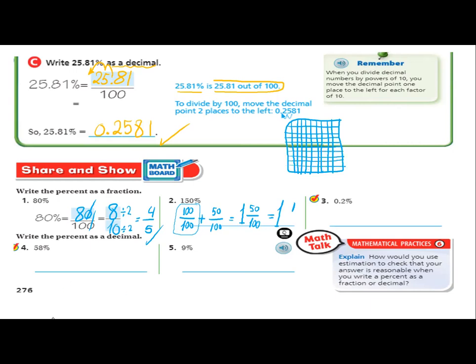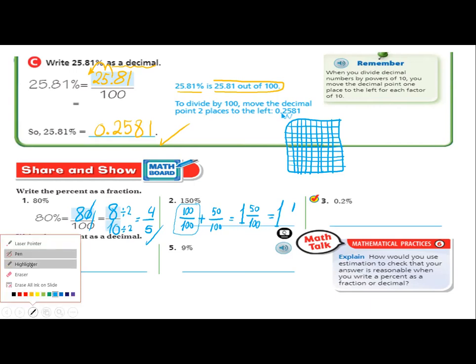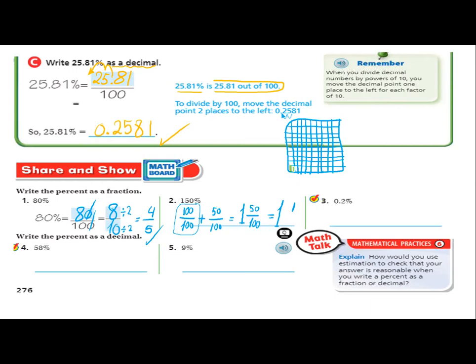If I shade 50 small squares here, look, 50 till here. So that means I shaded the half of the grid. Is it right? Yeah, the half of the grid. So 50 over 100 means 1/2, in the simplest form. I know, Mister, it's the half of 100.